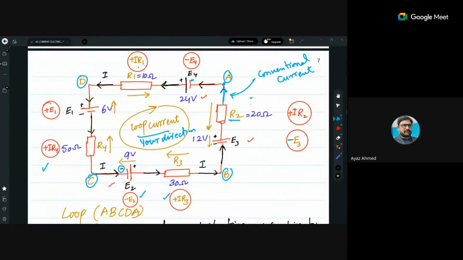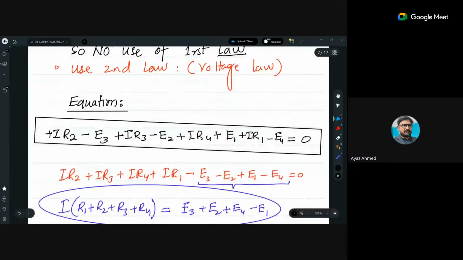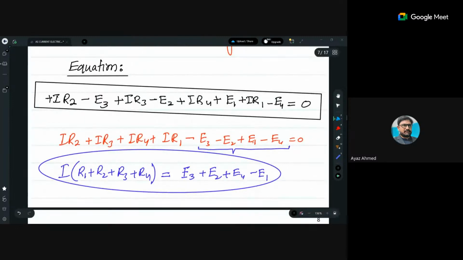So just make a loop equation for all these. This is the equation: positive I2 R2, and so on. Excuse me for 1 minute and just see this equation, whether you people get it or not.